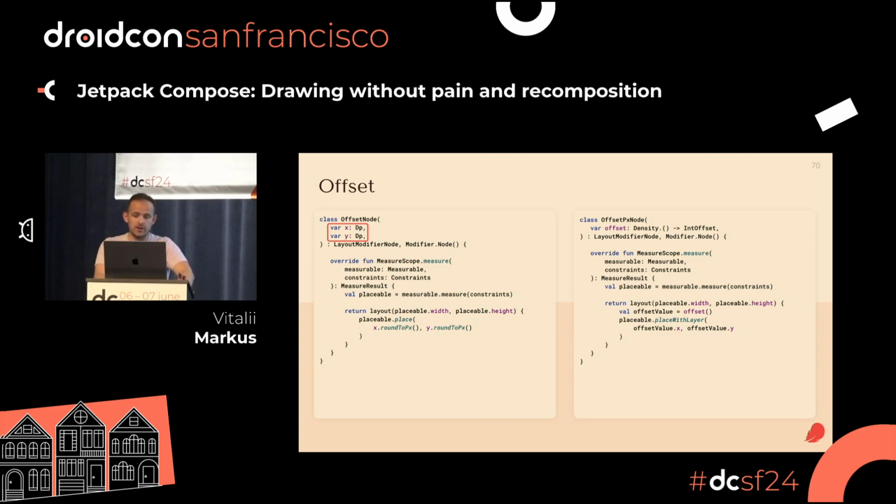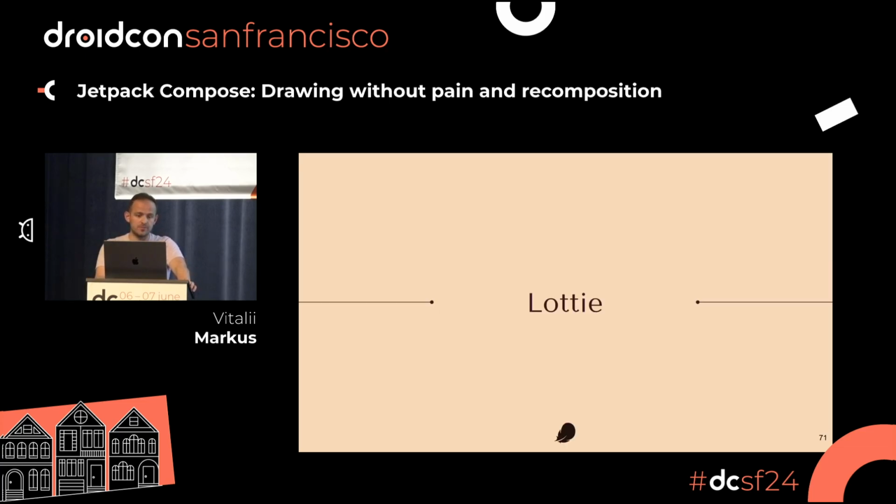The first modifier uses dp, so we can say that it reads the state value at creation time, which happens during the composition phase. Meanwhile, the second modifier and the offset px node take a lambda and call it during the placement or layout phase. So we again move reading our state from one phase to another.